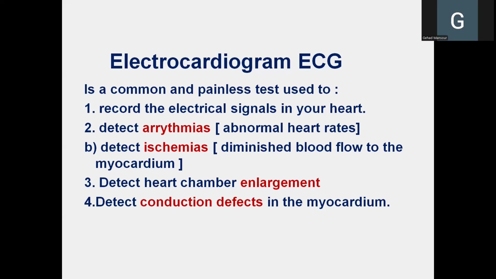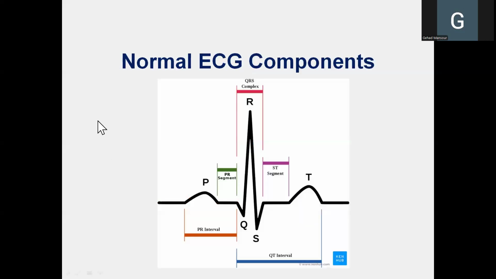You can also detect conduction defects, like, for example, an elongated PQ interval, and you can detect other conduction defects as well. You can also detect enlargement of the atrium when you have a tall or wider, broader than normal P wave. The normal ECG components, of course, are seen on the diagram.